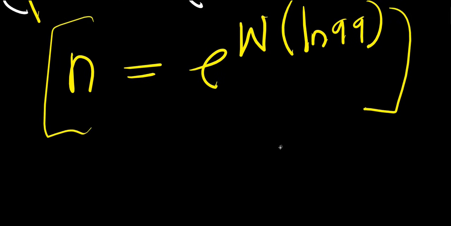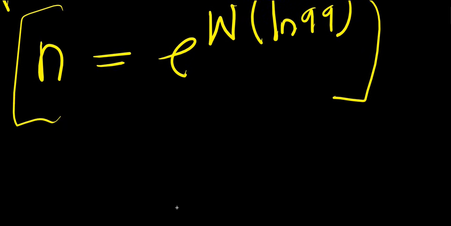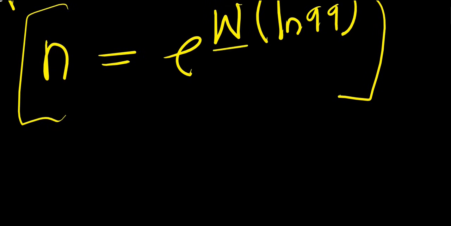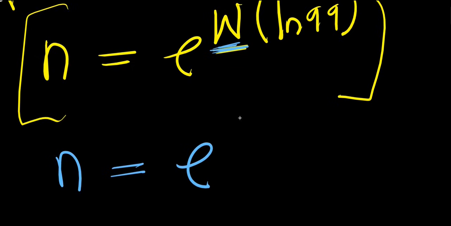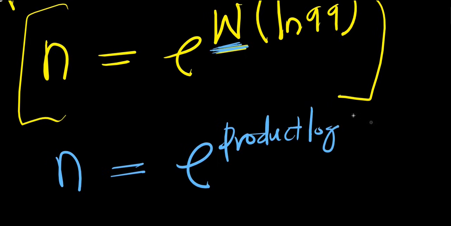But I know all we are looking for is the actual value of n that will satisfy that equation. To get that value of n using the Lambert-W function, you might not likely see this in your calculator. So what you definitely do is, you have your n equals e to the power of, you are not going to see this. What you likely see is product log, the product logarithm of ln 99.